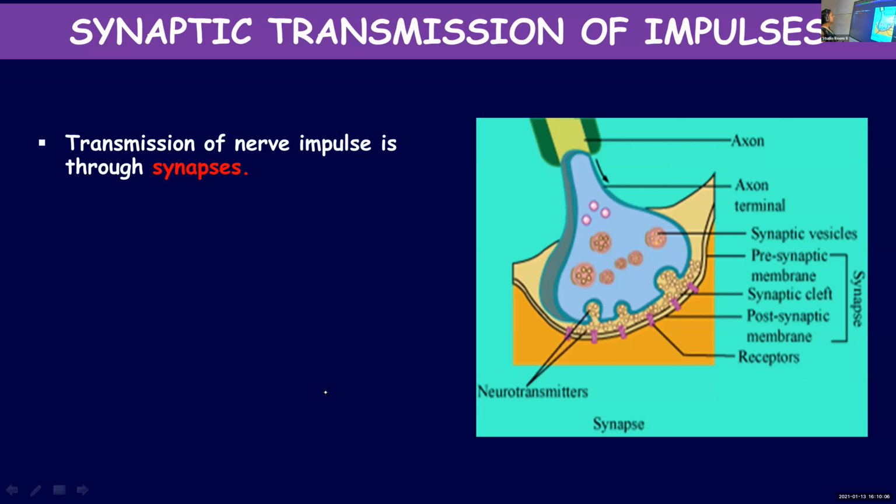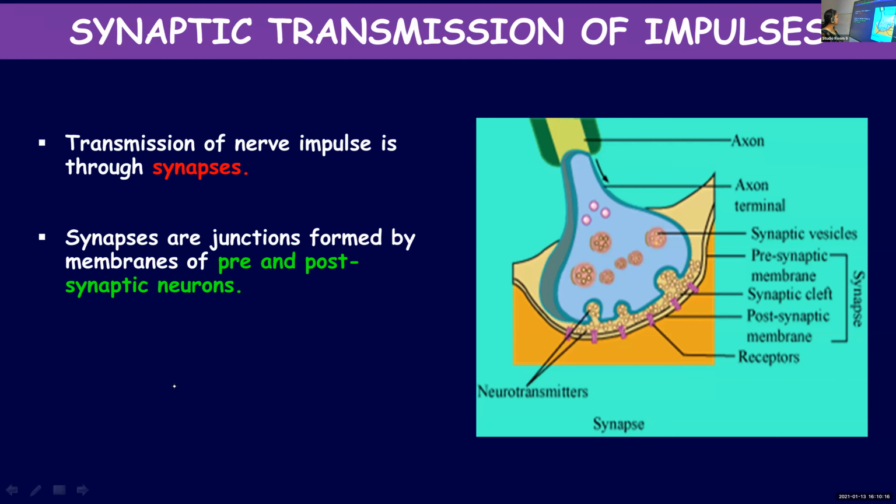Transmission of nerve impulse is through synapses, because if it has to be transmitted from one nerve cell to the other, it has to cross the synapse. Synapses are junctions formed by the membranes of post and presynaptic neurons.